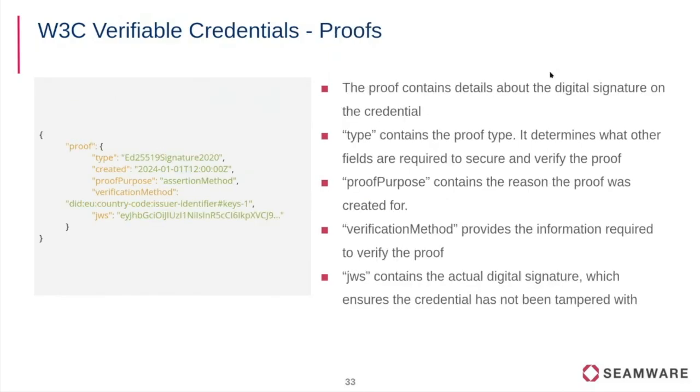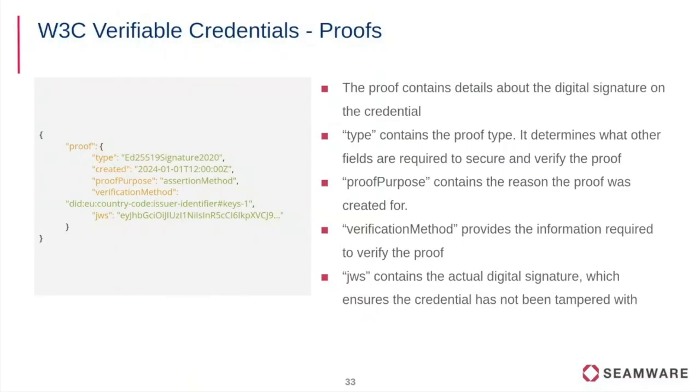And then we have the very important proof section. The proof itself contains details about the digital signature on the credential. A proof always will have a type, which essentially defines the type of the proof, because only with that we know how to validate the proof. If I just get a signature and don't know how to interpret the signature, I cannot verify its validity.